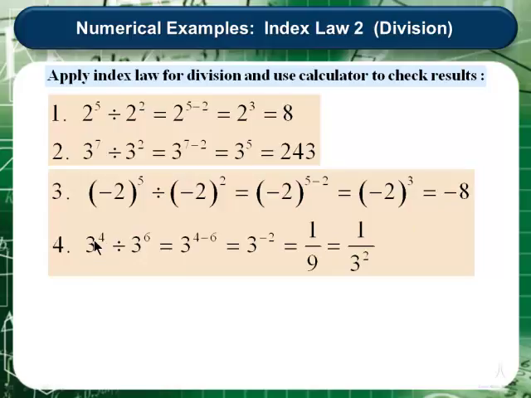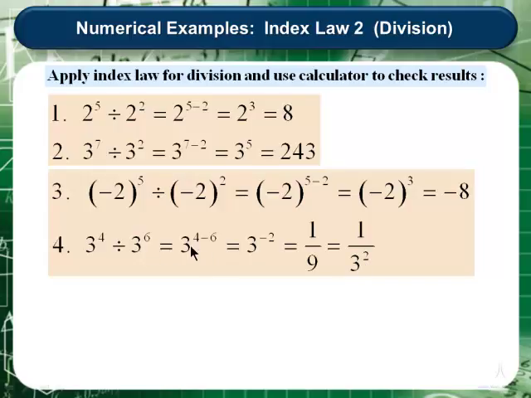In a similar way, 3 to the power 4 divided by 3 to the power 6, which is then 3 to the power 4 minus 6, which is 3 to the power minus 2. And if you use your calculator, you'll see your calculator will tell you that this is 1 over 9. And 1 over 9, of course, is 1 over 3 to the power 2.